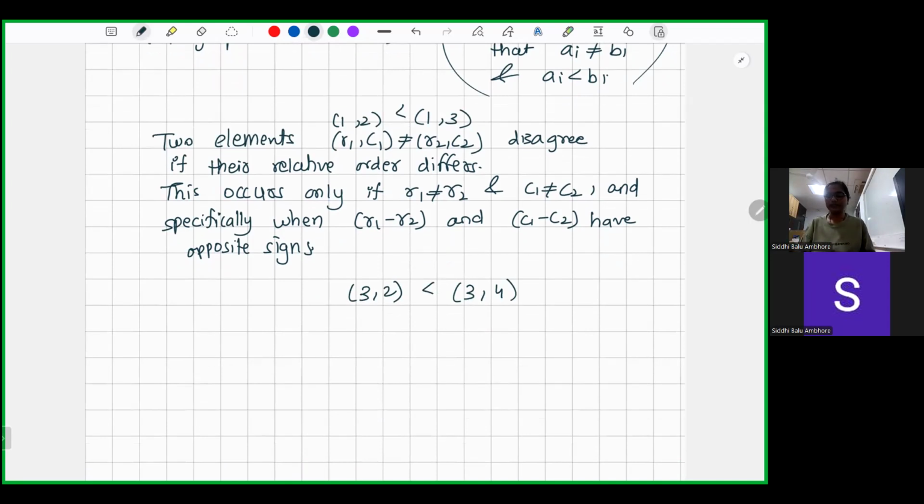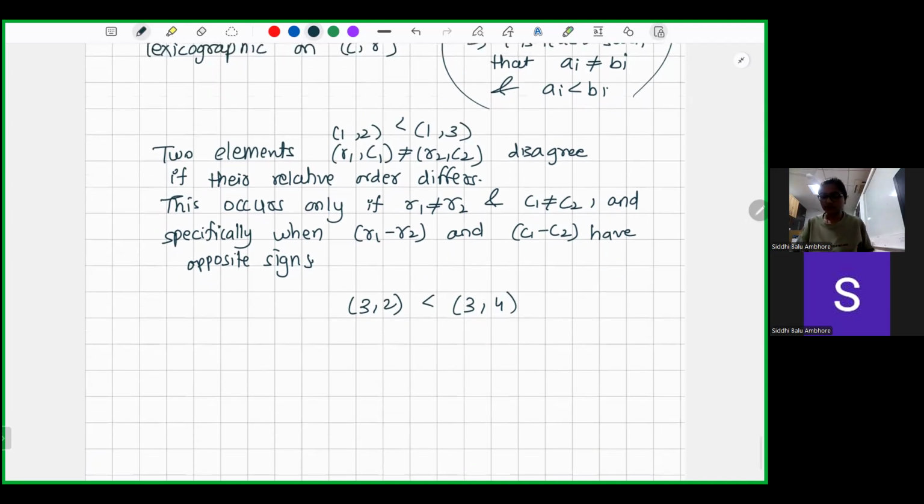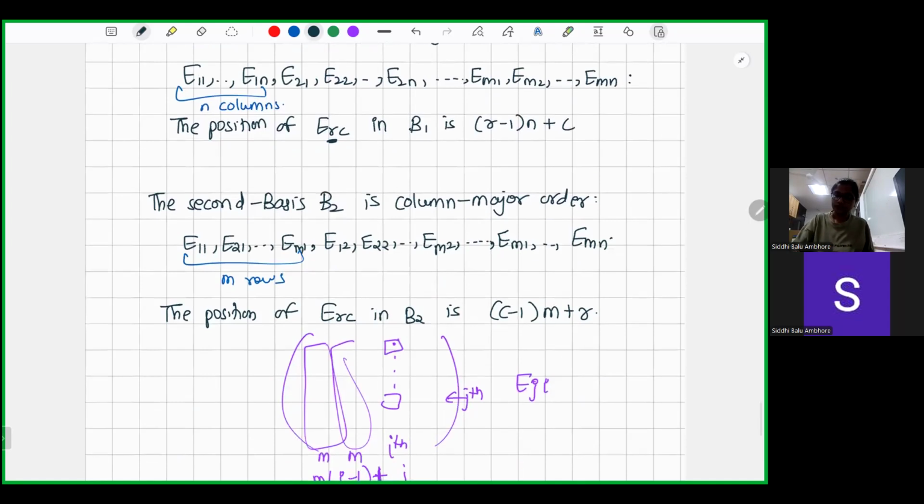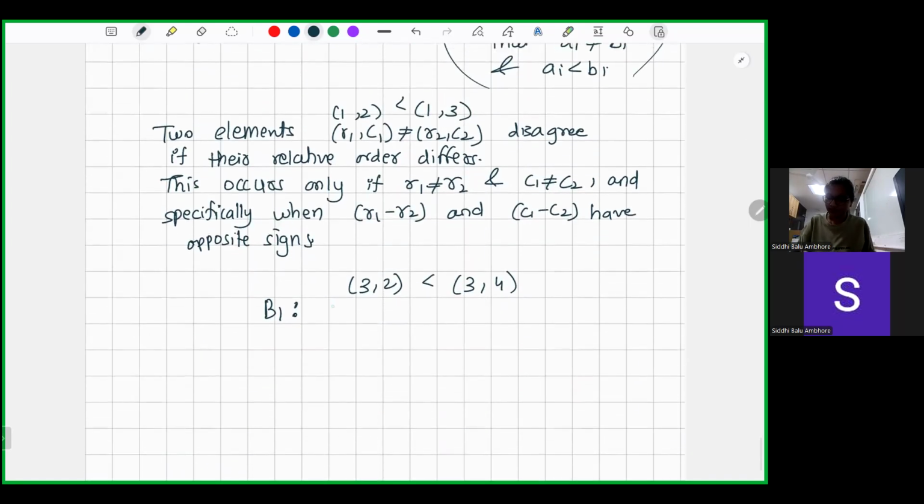So what is the position of this element in B1? Let me tell you. For B1 it is r minus 1 times n plus c, and for B2 it is c minus 1 times m plus r. So in B1, the position of this is, with my RC, r minus 1 is 2, times n.